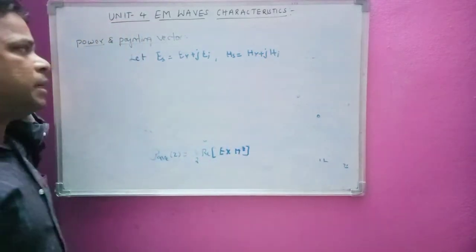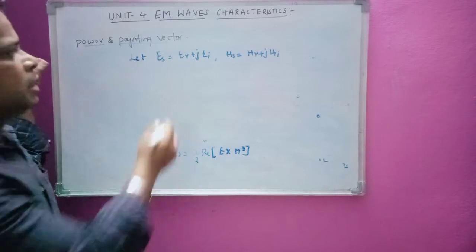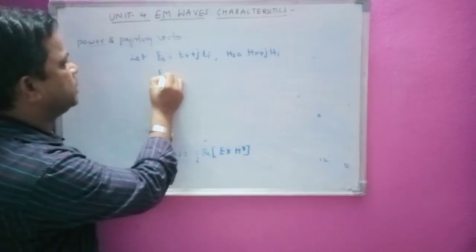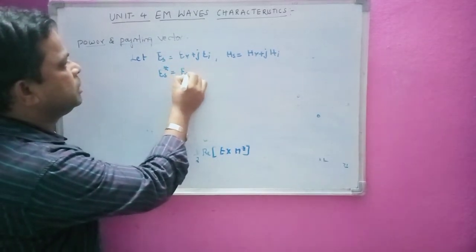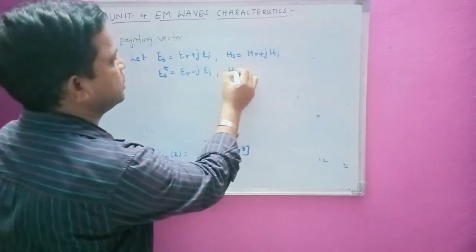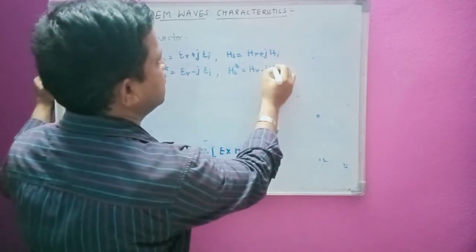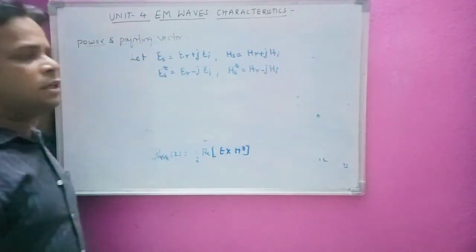These are the real and imaginary parts of Hs and Es. Now if I take the complex conjugate, I can write Es complex conjugate as Er minus j Ei, and Hs complex conjugate as Hr minus j Hi. That is what we are going to have.